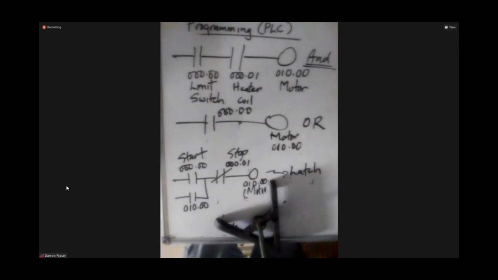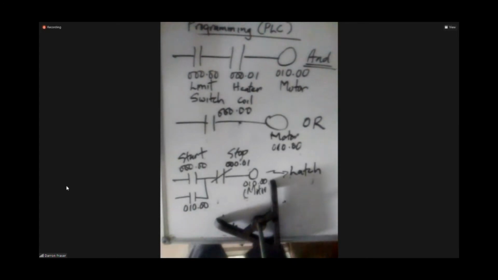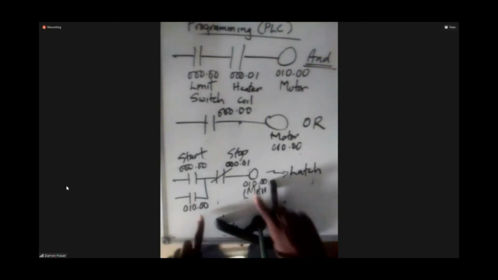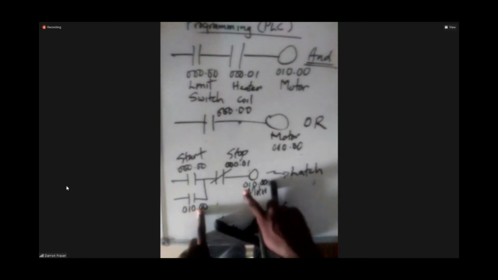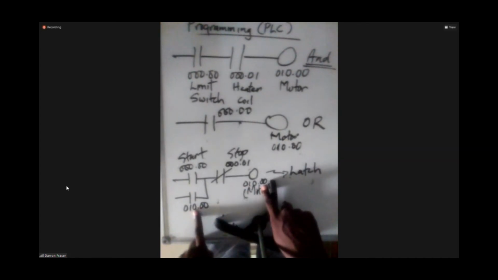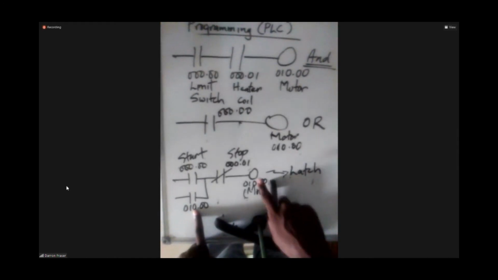So when the motor turns on, the bit goes high. And you can use that fact to turn on something else. So when the motor turns on, you can use it to turn on the fan. So it allows an output to be used as an input switch. You notice here, this motor and this input switch have the same address. Anything that happens to the motor happens to this input switch, because they have the same address.